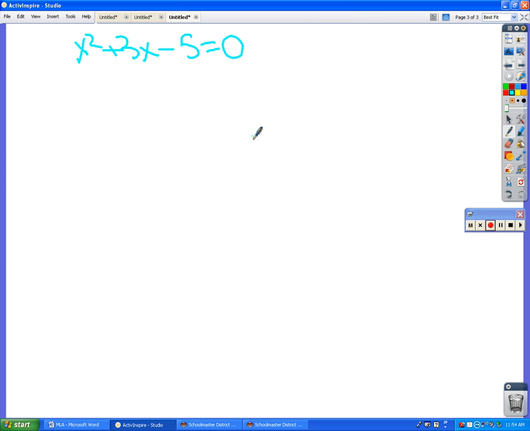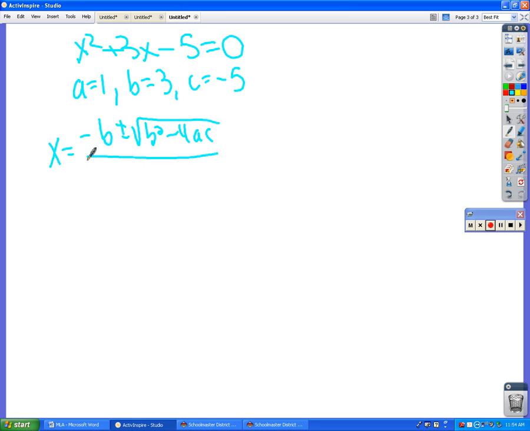Okay? We've got that taken care of, so we don't have to worry about that. Now we take a look at this, and you have to figure out what a, b, and c are. So in this case, a is 1, b is 3, and c is -5. Okay? And then we just plug it into the quadratic formula. So -b plus or minus the square root of b squared minus 4ac, all over 2a.